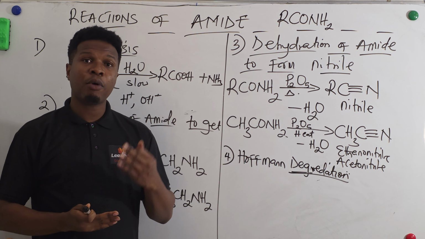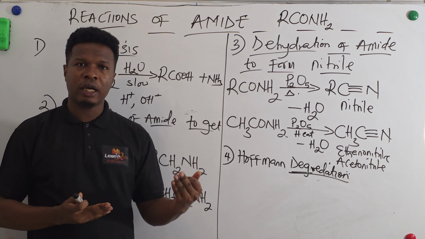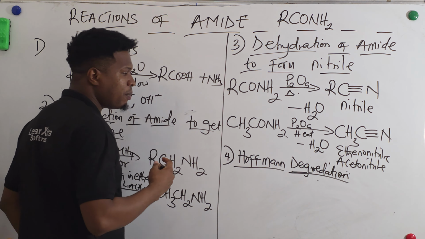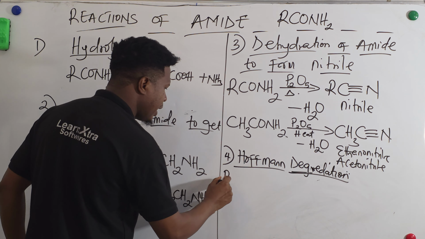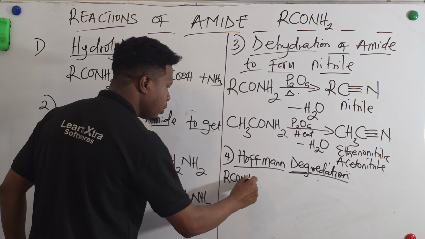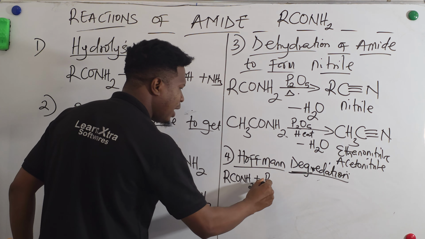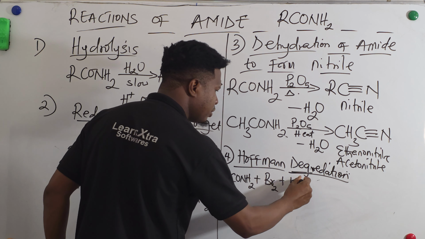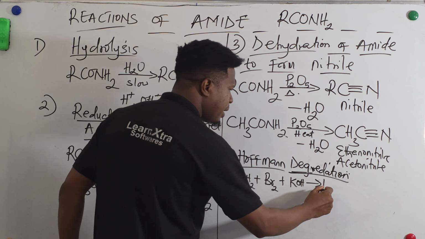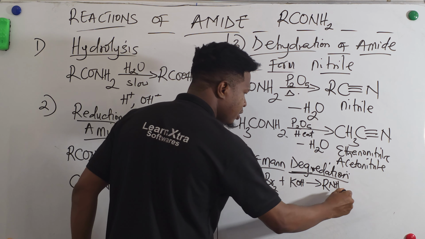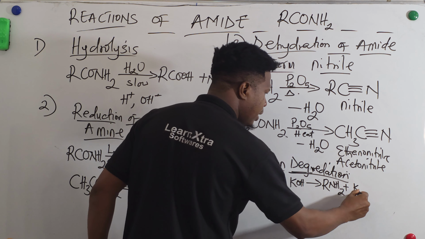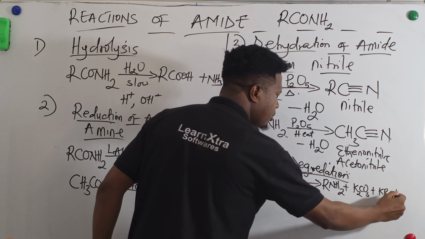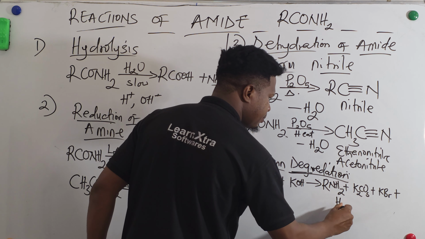In this reaction, the carbon in the amide is lost to form other things. Hofmann degradation is simply the reaction of an amide with a halogen, Br2, plus a base, potassium hydroxide, to form a primary amine plus potassium carbonate, K2CO3, plus KBr plus water.